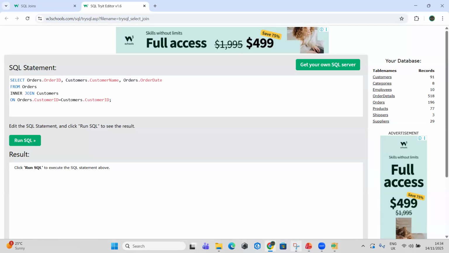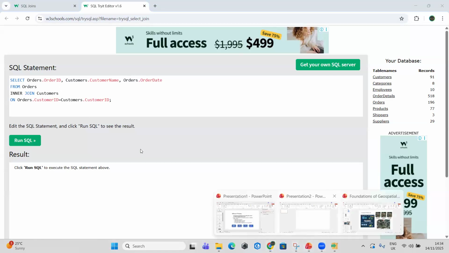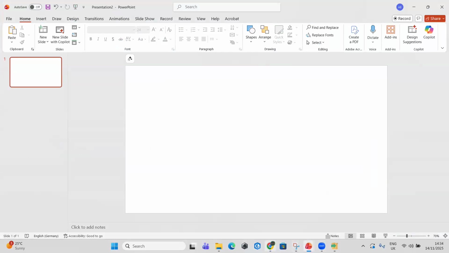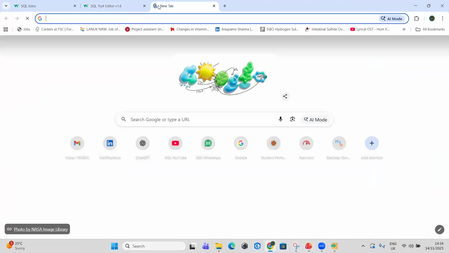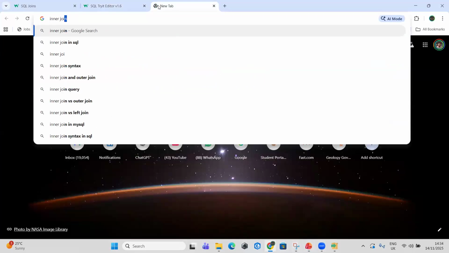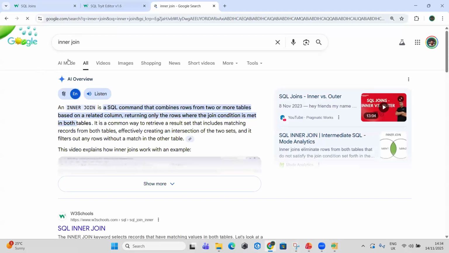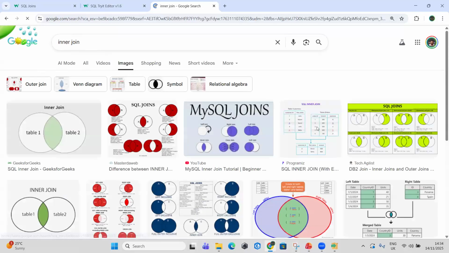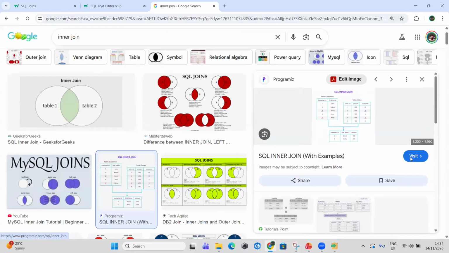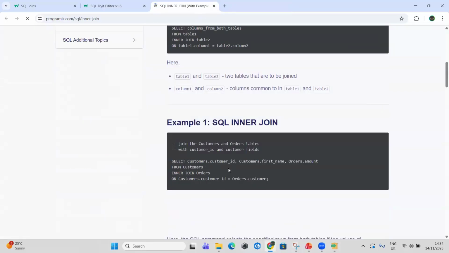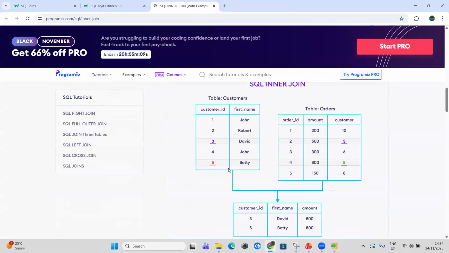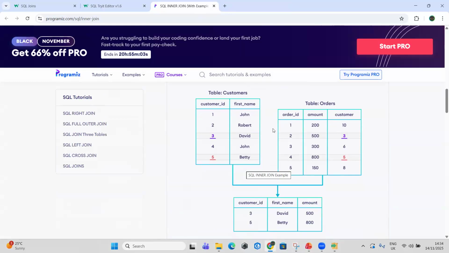So what inner join means is find. So you had one table called customers, you had another table called orders, right?